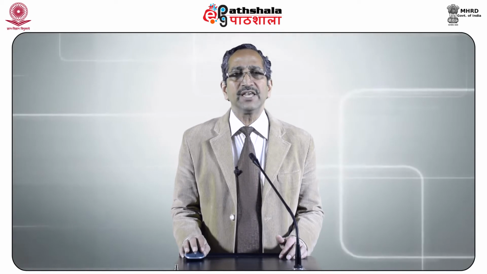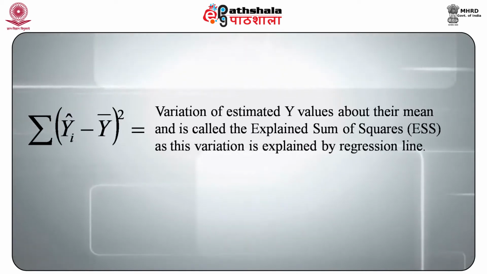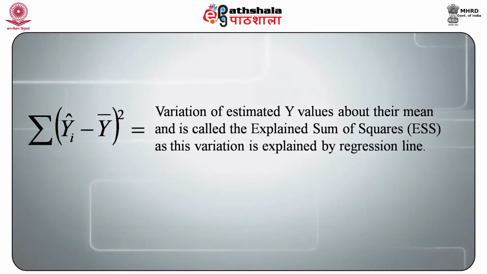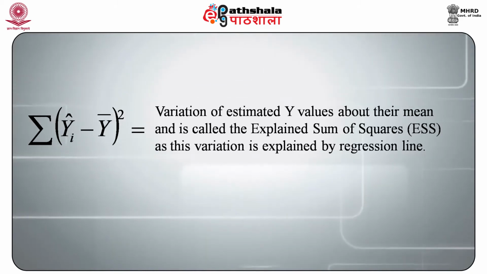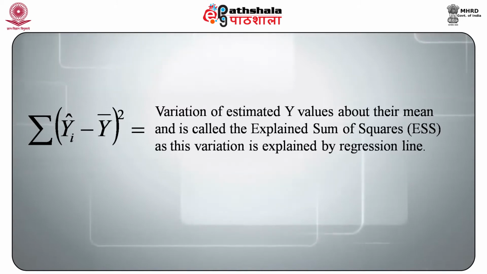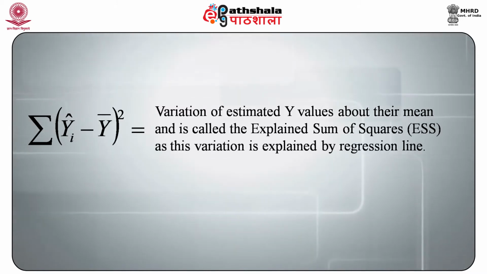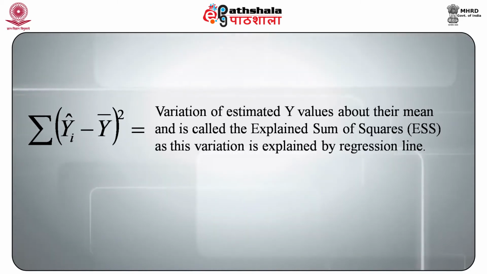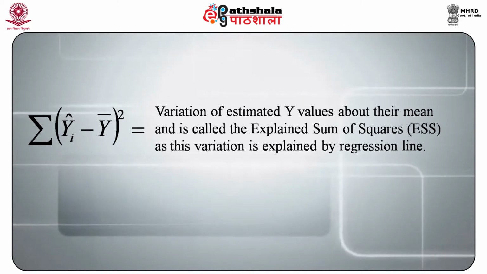So what we are saying is that summation (yi hat minus y bar) square is nothing but the variation of estimated y values about their mean, and this is known as the explained sum of the squares, or ESS, as this variation is explained by the regression line.